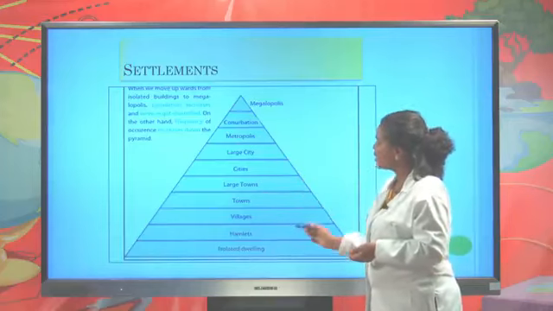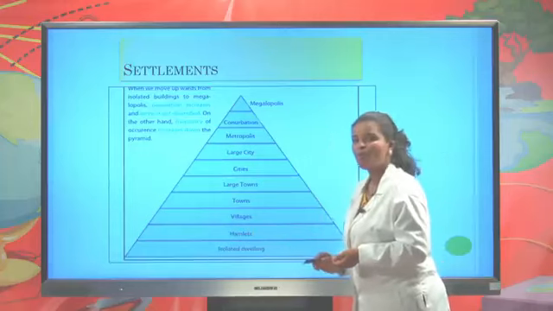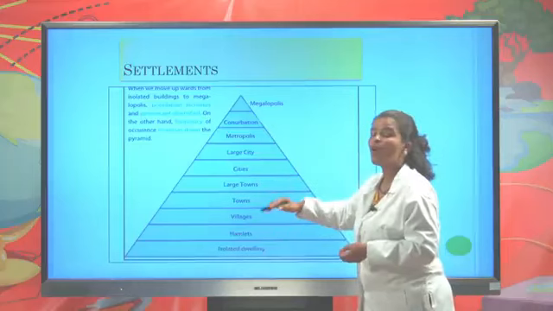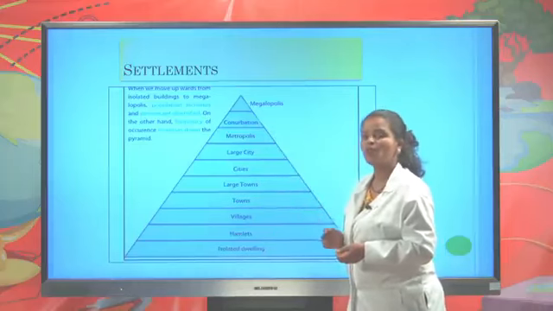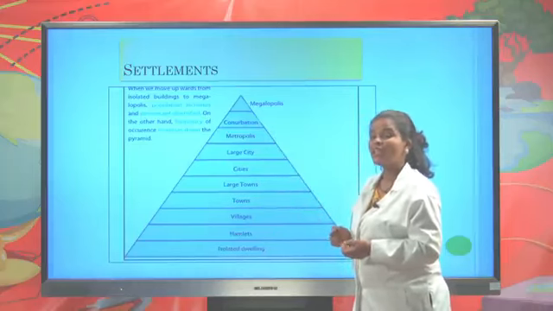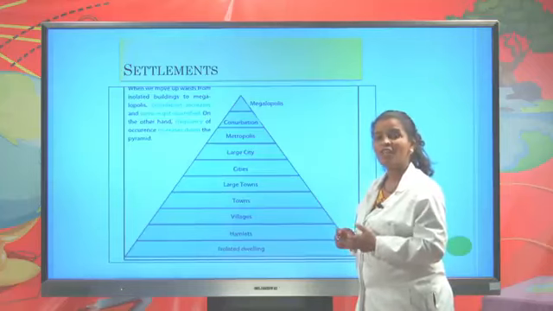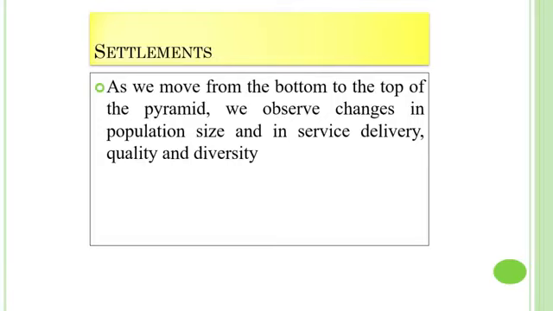So we get a sparse population at the bottom of the pyramid, but a dense or larger population is found at the top. So settlements differ in their size, function, and complexity.